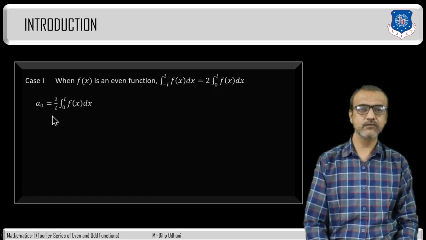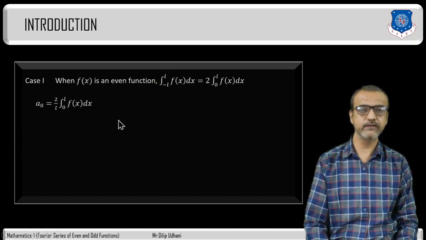As you know, a0 = 1/L integration from -L to L of f(x) dx. But here we are considering that f(x) is an even function. So applying this concept, we have a0 = 2/L integration from 0 to L of f(x) dx. Now similarly, we will think about an, and as you know, the product of two even functions is even.